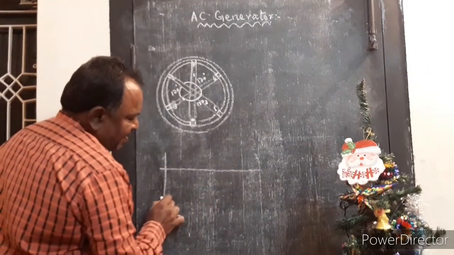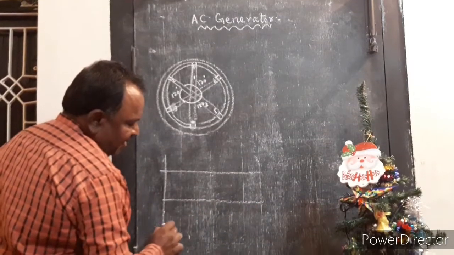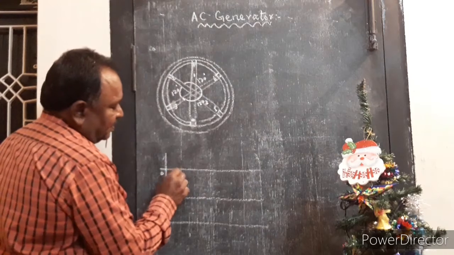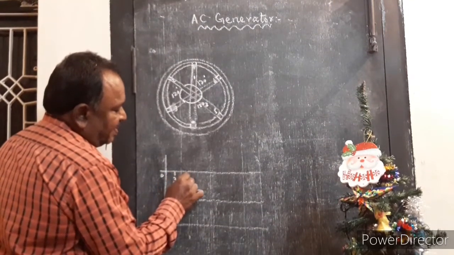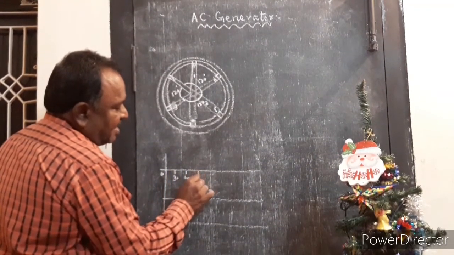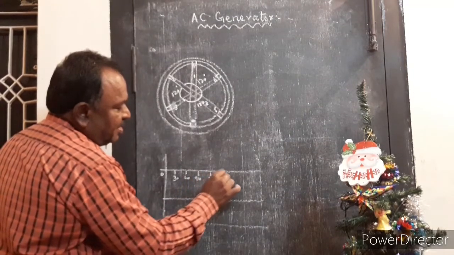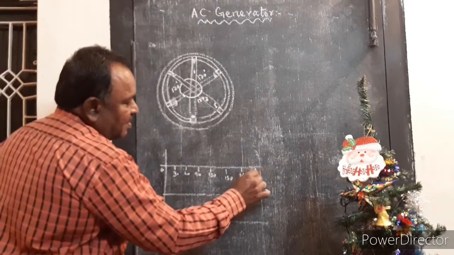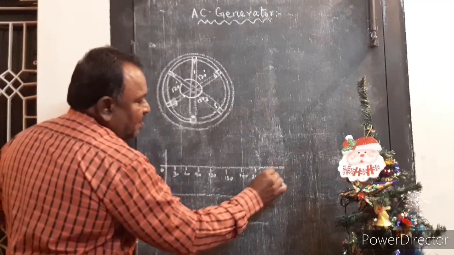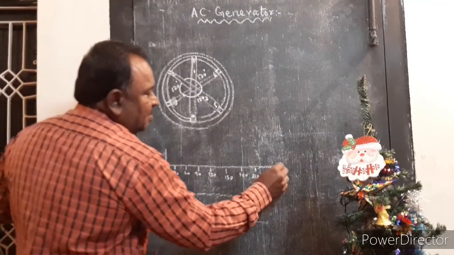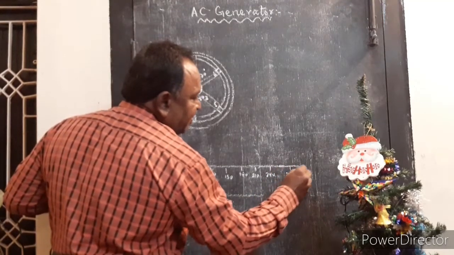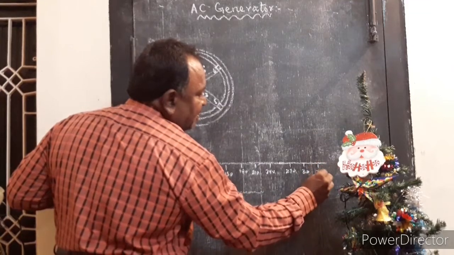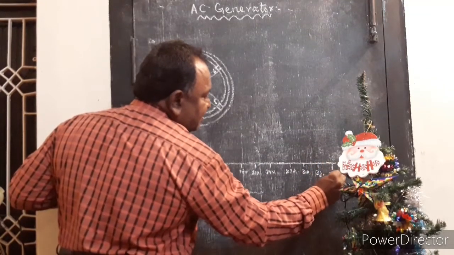The induced EMF can be graphically represented like this: 0, 30, 60, 90, 120, 150, 180, 210, 240, 270, 300, 330 and 360.